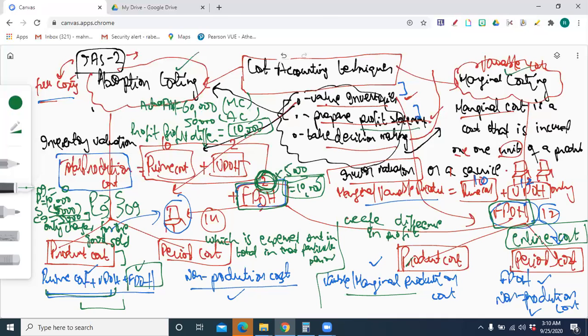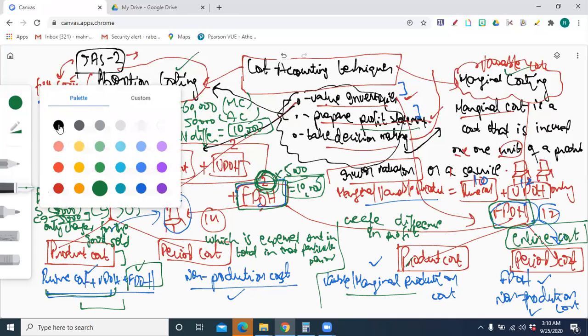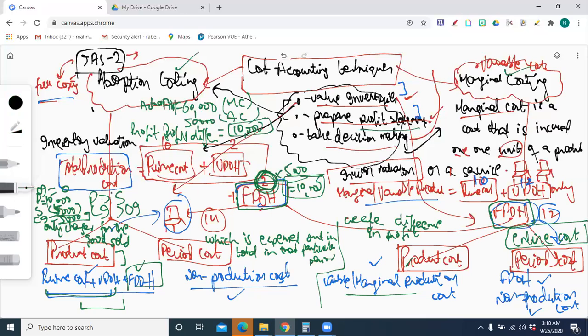And who reports a higher profit in this scenario? When production is more than units sold, production was 10,000 and units sold was 5,000, that means closing inventory was greater than opening inventory. Absorption profit is higher than marginal profit.